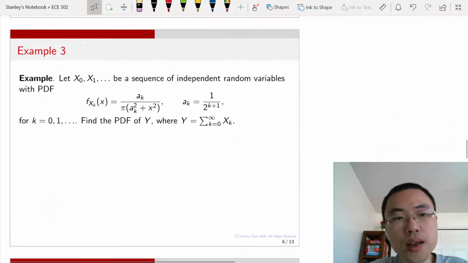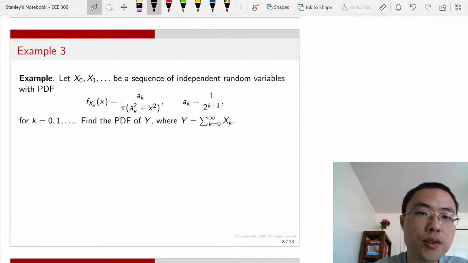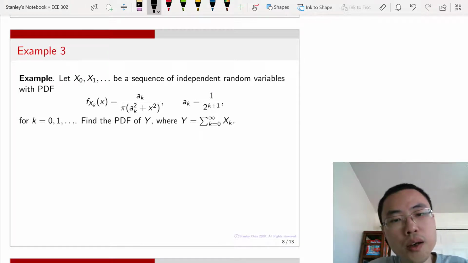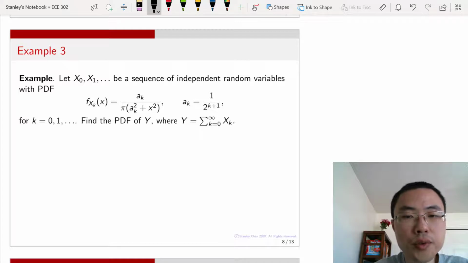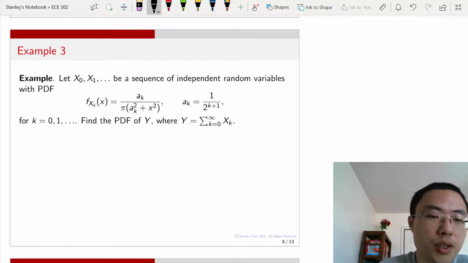Let's work on another example. This is the third example. Here I am defining a sequence of random variables with all these PDFs. It looks very complicated, and furthermore, I want to define y equals the infinite sum of these random variables. I want to find the PDF of y. Okay, so how do I find the PDF of y?